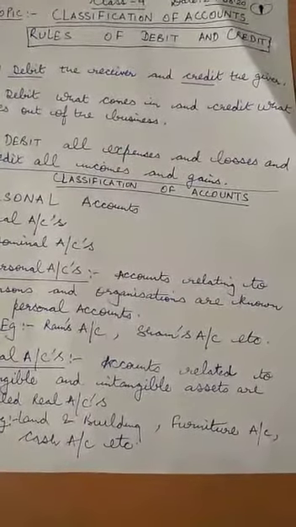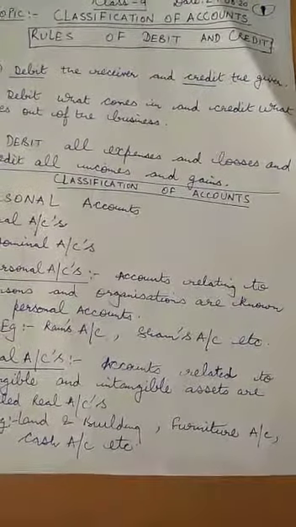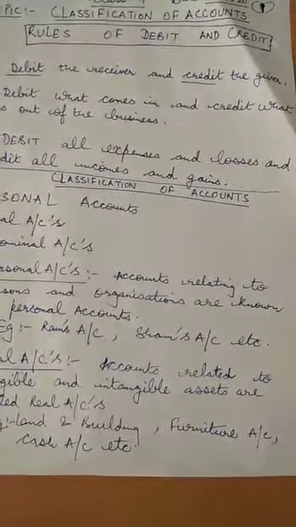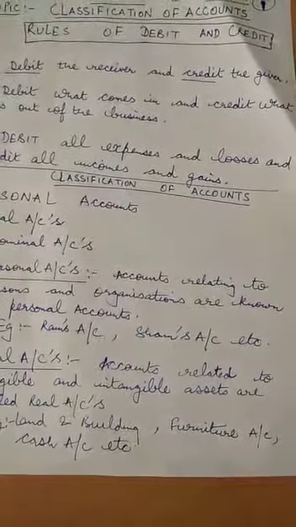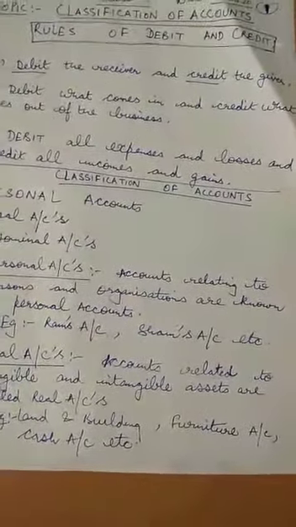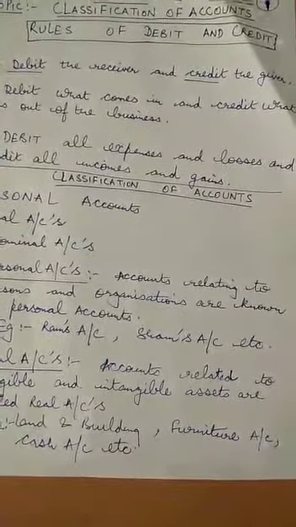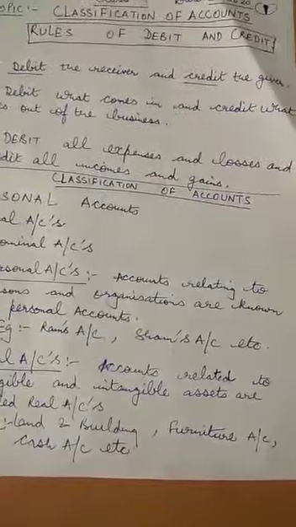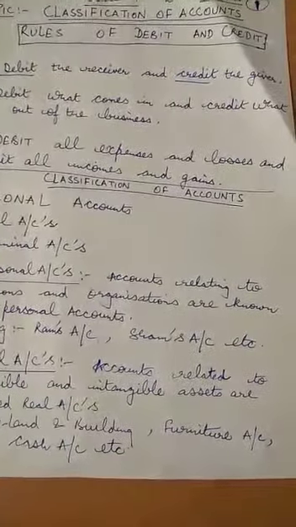For example, Ram account, Hari account, Sham account, ABC and Company account. It also includes, children, all the accounts related to debtors and creditors. The capital account and the drawings account, children kindly note, are also part of the personal accounts, which are of the proprietor, that is the one who is carrying out the business, and even the partners.